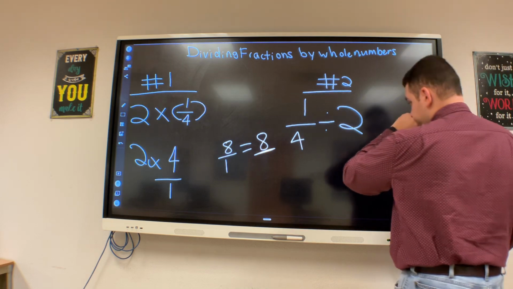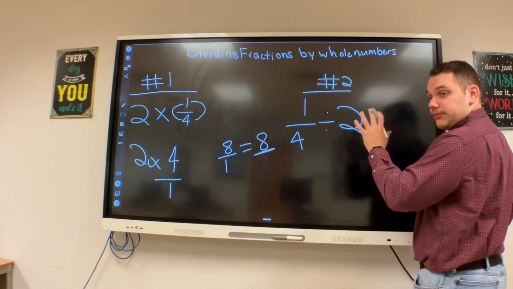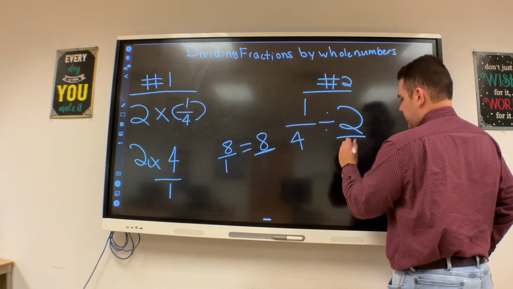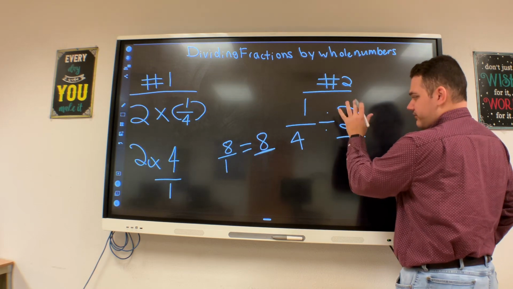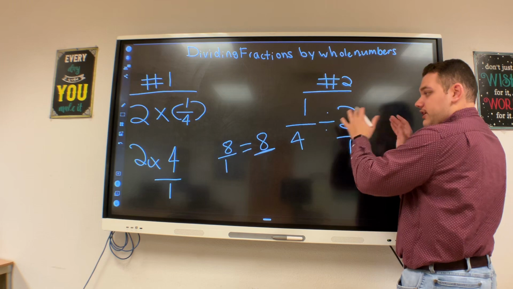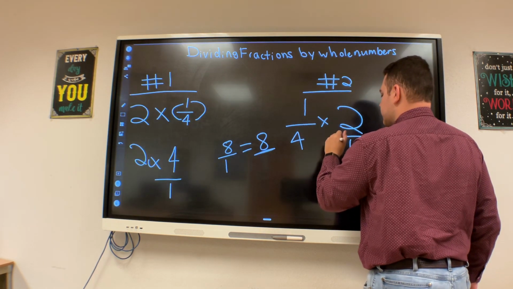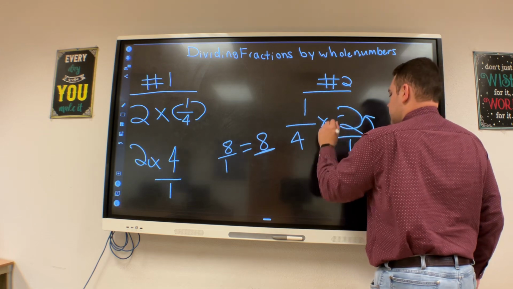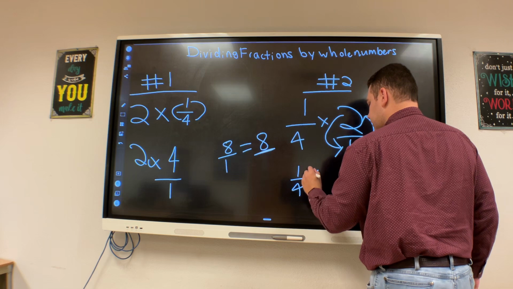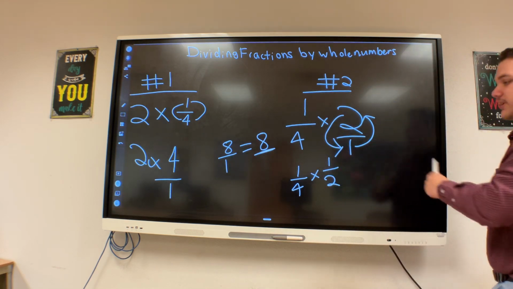And how you do the second one is with the understanding that a whole number 2 is understood as 2/1. If 1 is a total, we have 2 of them. So 2 wholes over 1. And now we're gonna skip, change, flip. We're gonna skip this one, change that to multiply, flip this one, so it's gonna be 1/4 times 1/2.